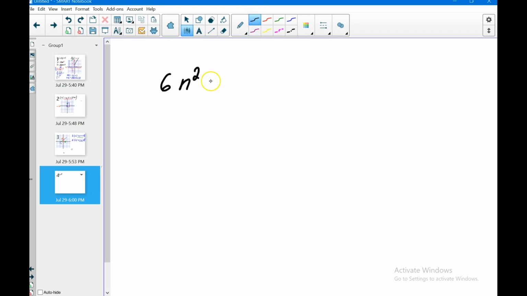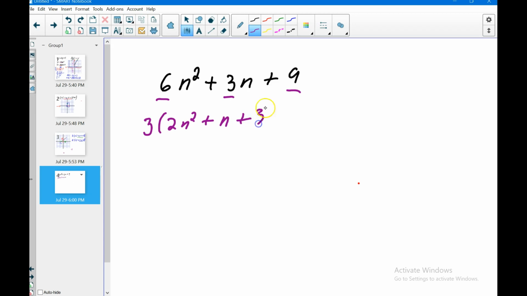So instead of worrying about GCFs, what I'm going to worry about more is what number can you divide into that, and into that, evenly? 3. That's all you worry about. So then I'm going to take 3 out of there. I'm going to factor it, for example. Take 3 out. 6 divided by 3 is 2n squared plus n plus 3.